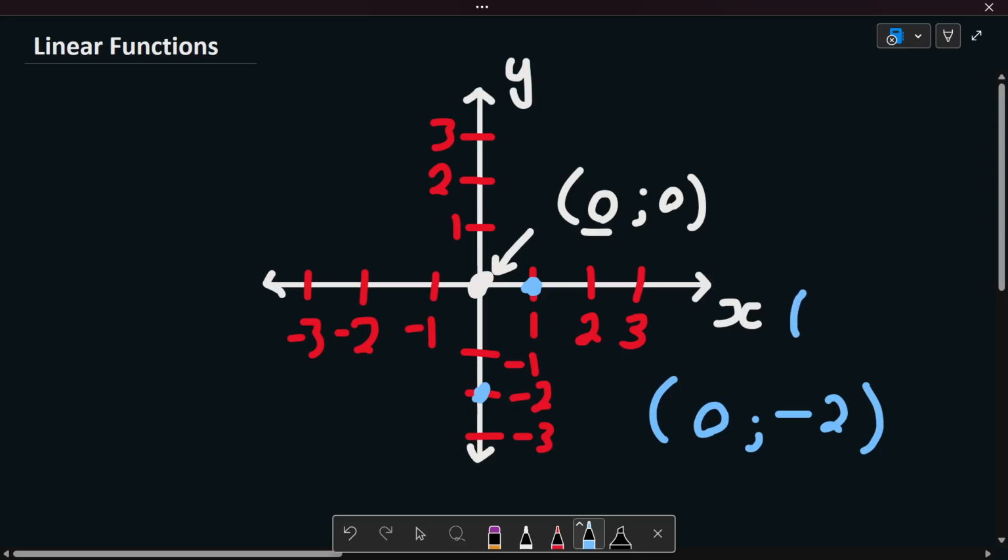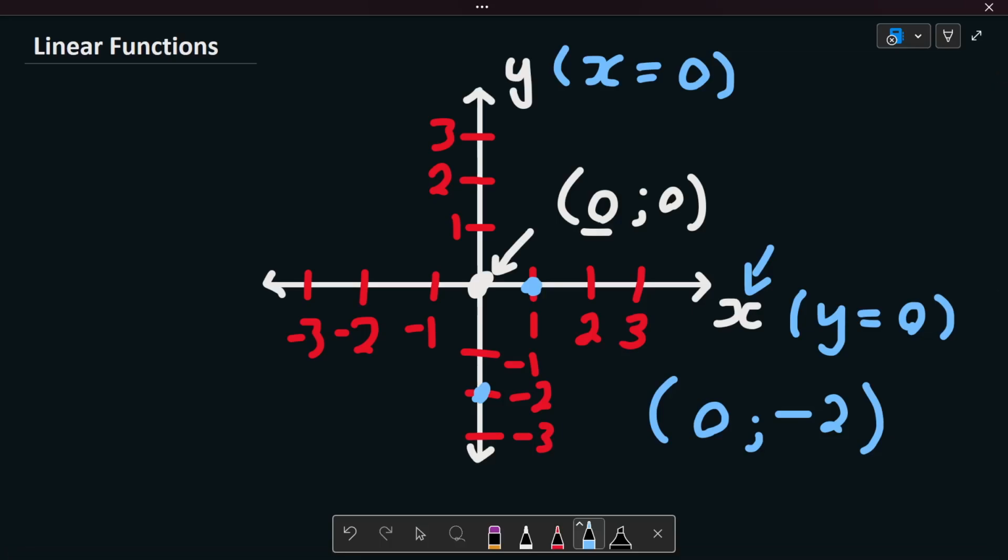On the x-axis, we can write this as y is equal to 0 as well. This is what we call the y is equal to 0 line. And then the y-axis is what we call the x equals to 0 line. So to break it up for you, any point on the x-axis, if you write its coordinate form, the y value will automatically be 0.